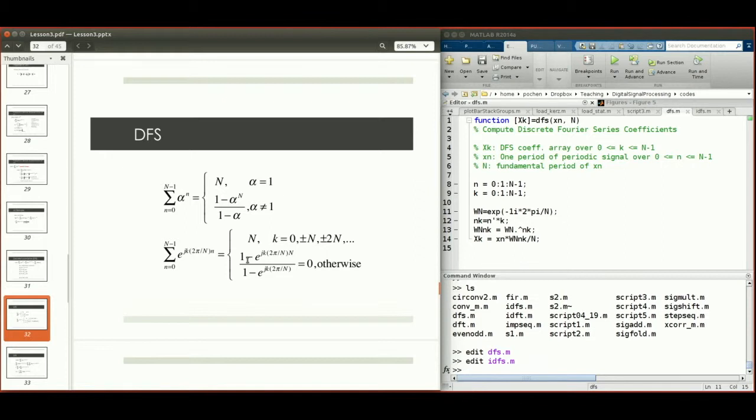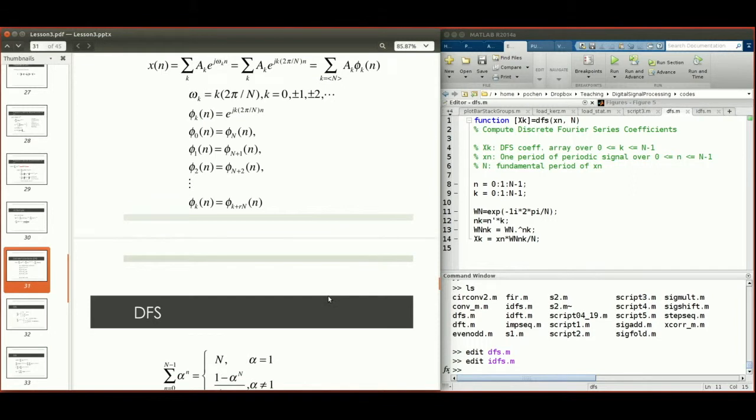So the numerator is 1 subtract 1, which is exactly 0. So this summation equals either 0 or big N. And when do we get big N? When k equals 0, plus minus big N, plus minus 2N, that is, an integer times big N. Otherwise, the summation result is 0.